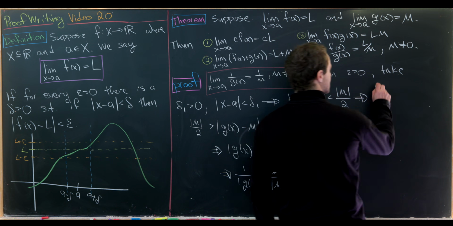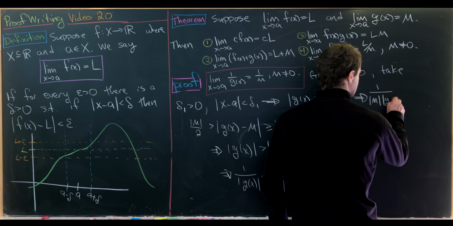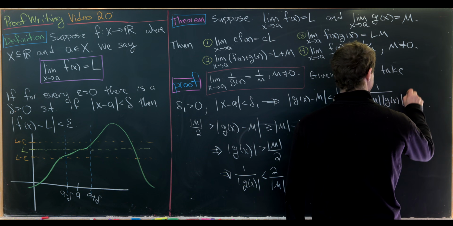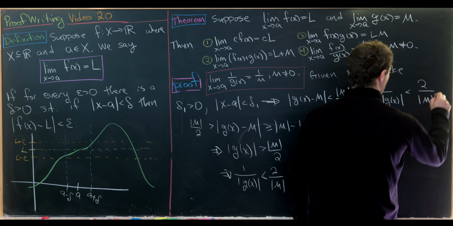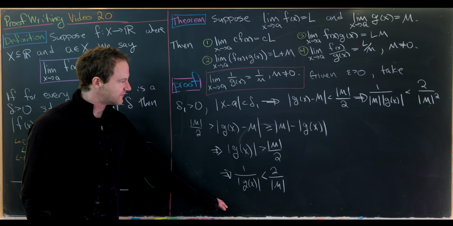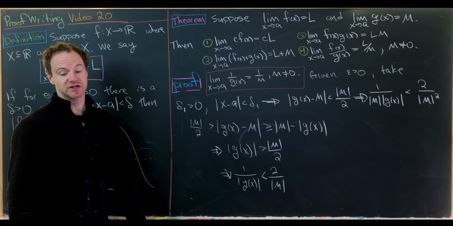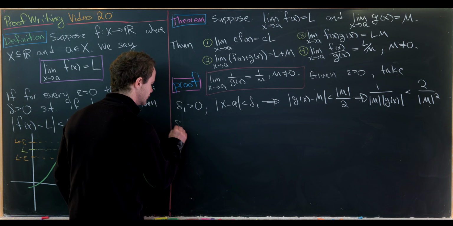And that is 1 over the absolute value of m times the absolute value of g of x is less than 2 over the absolute value of m quantity squared. Okay, good. Now I'm going to get rid of this, and then we'll talk about our delta 2 choice and finish this up.